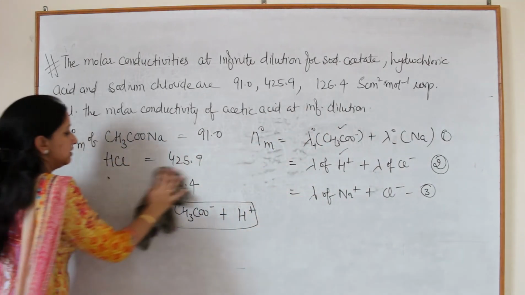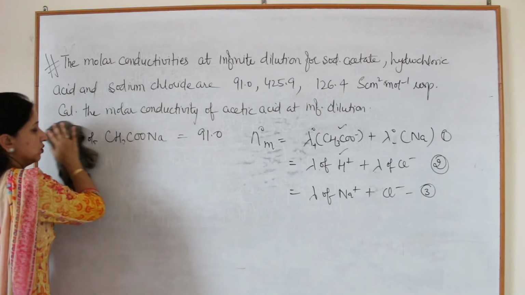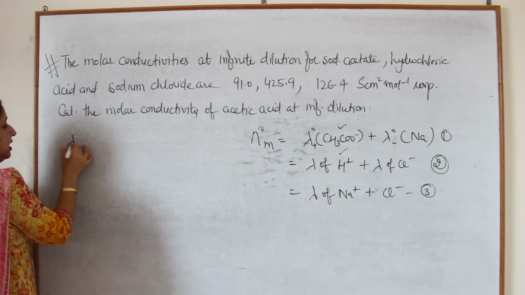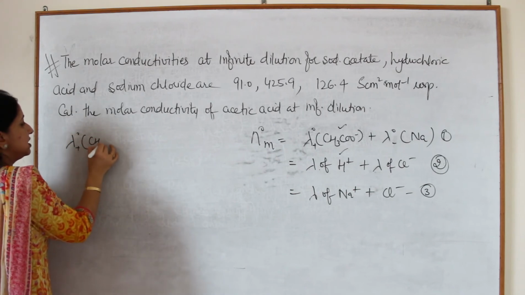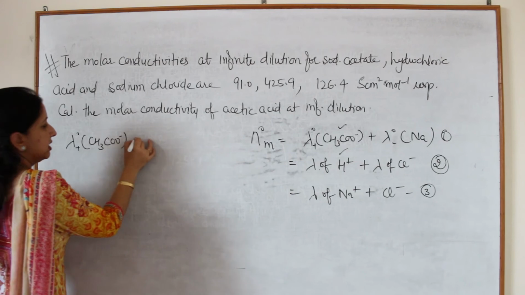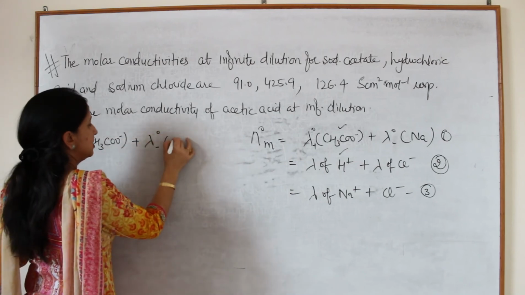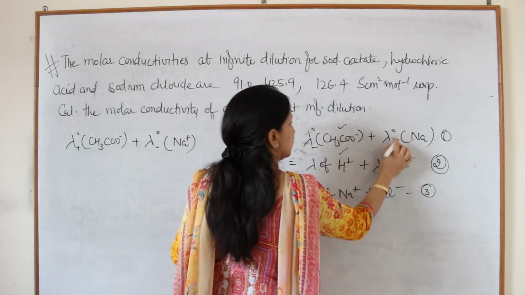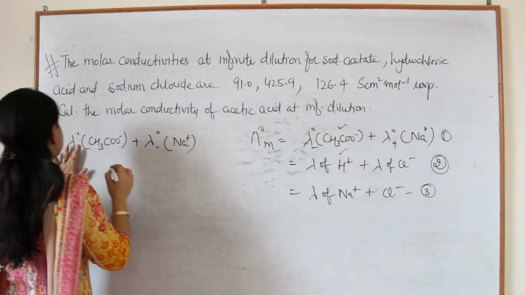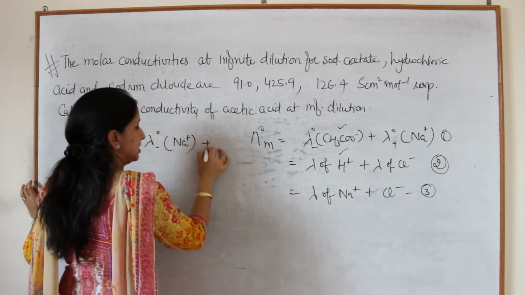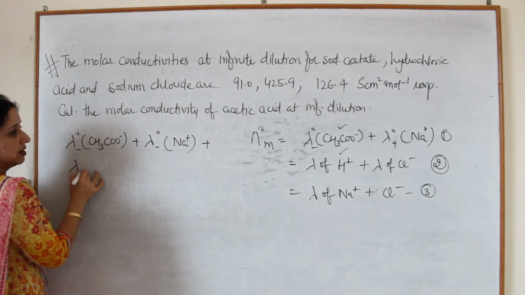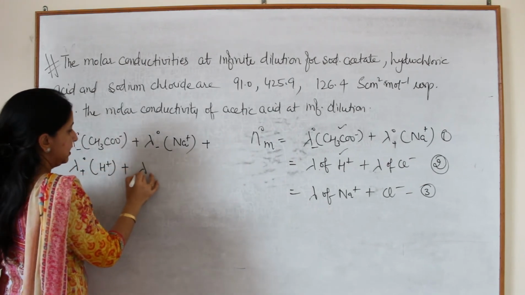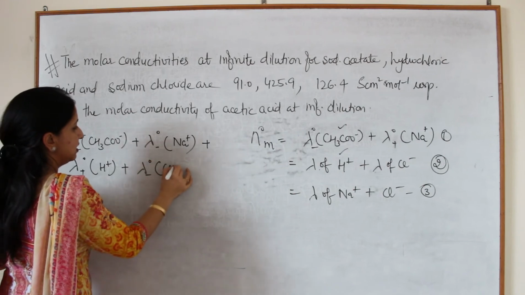Look, if we add 1 and 2: lambda of CH3COO negative plus lambda of Na positive, plus equation 2, lambda of H positive plus lambda of Cl negative.